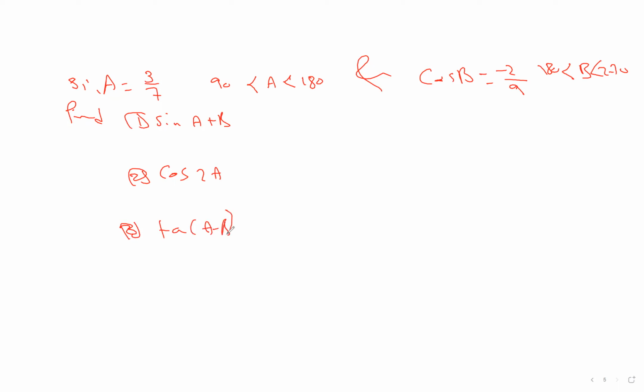First, you have to graph these figures, okay? And don't forget to put the angle in its suitable quadrant. This angle is in the second quadrant, so you have to graph it in the second quadrant.